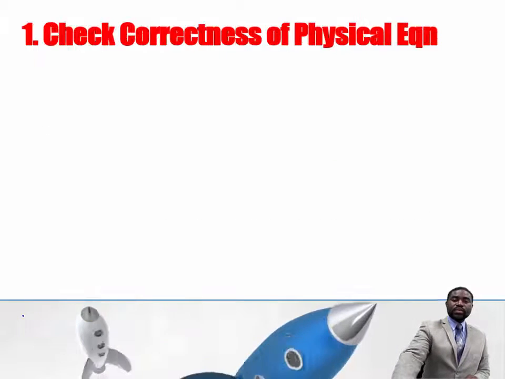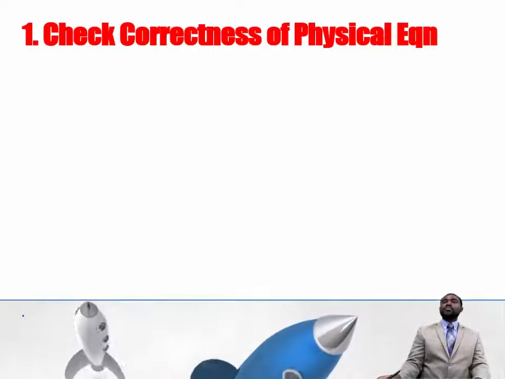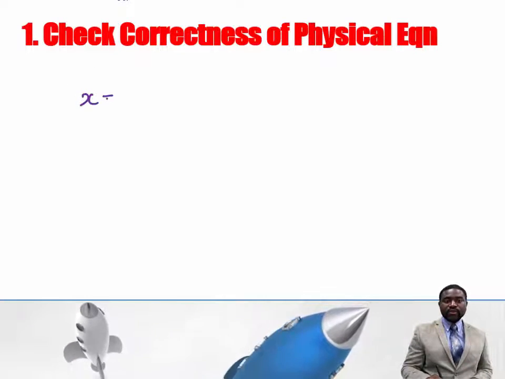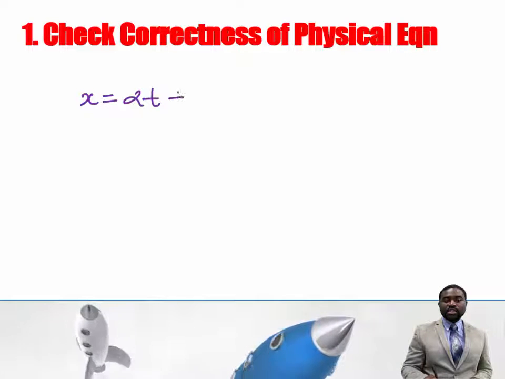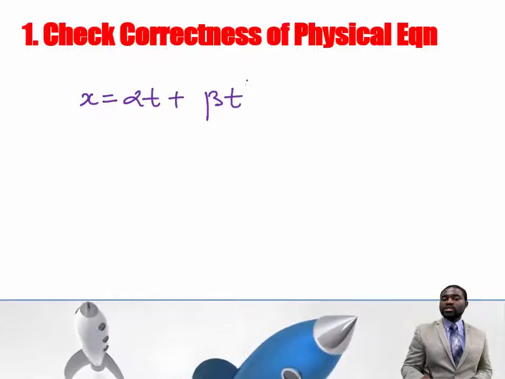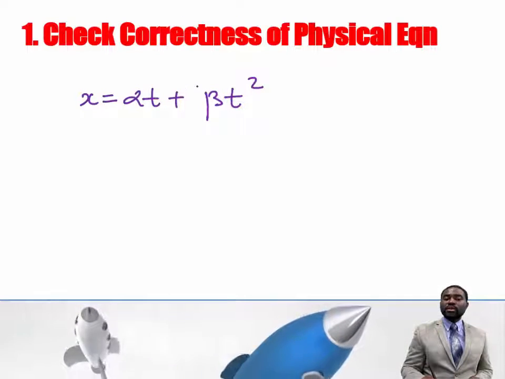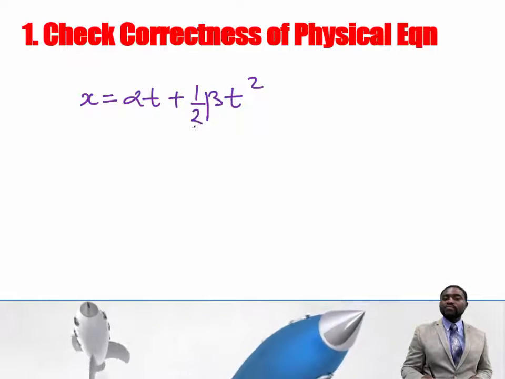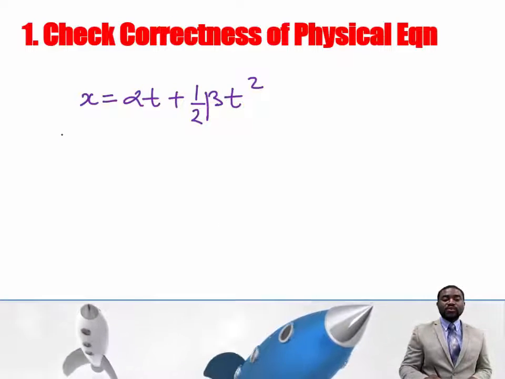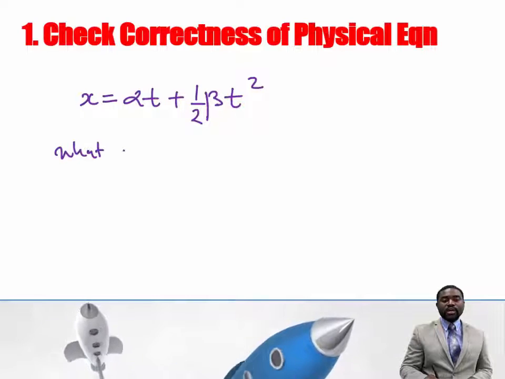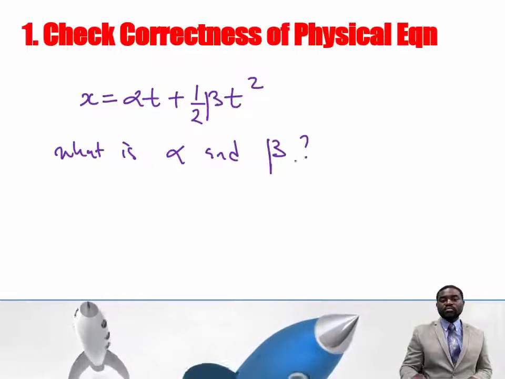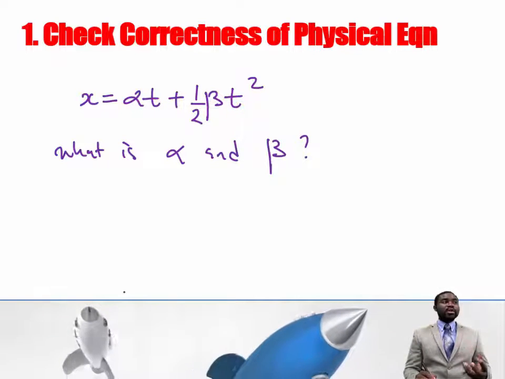Let me demonstrate with an example. If an equation is given that x is equal to alpha t plus half beta t squared, and you are asked to look for what alpha and beta are, how will you know?